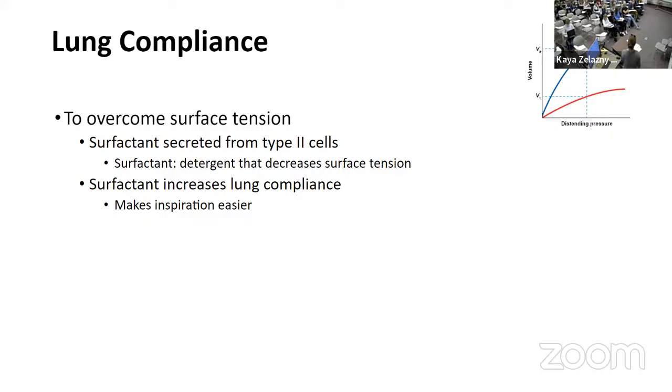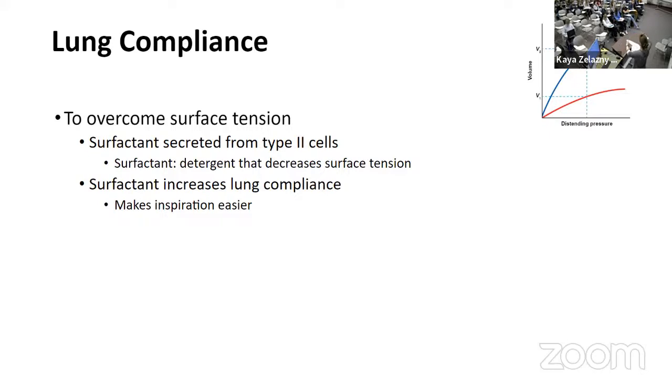Surfactant is basically a detergent chemically. It's going to decrease surface tension by interrupting interactions between water molecules. So surfactant is going to have the effect of increasing lung compliance, making it easier to breathe in, because it's disrupting these associations between our water molecules, disrupting this hydrogen bonding, meaning that those water molecules don't pull as strongly towards themselves.